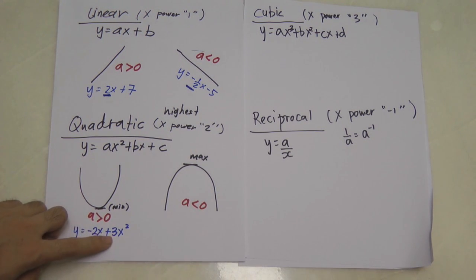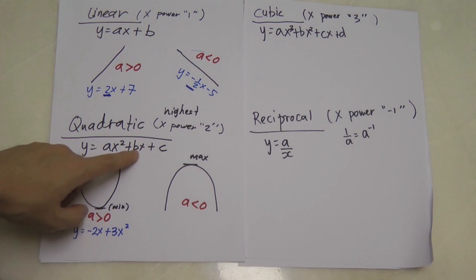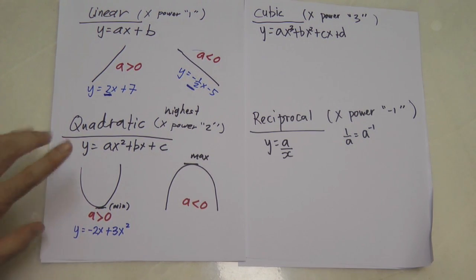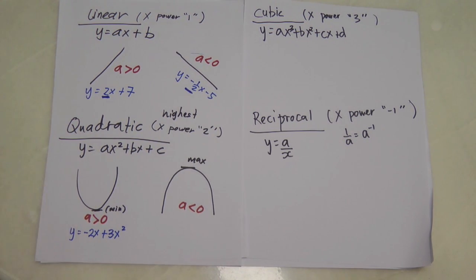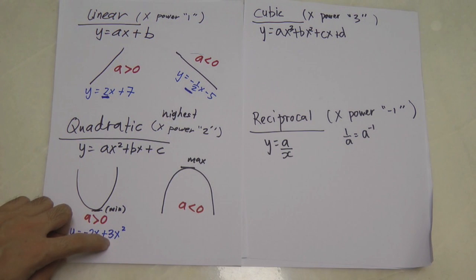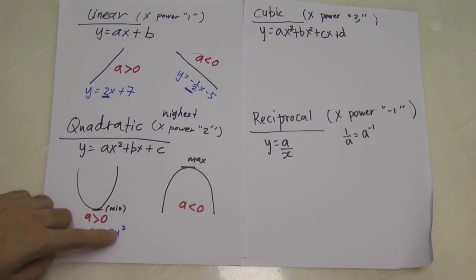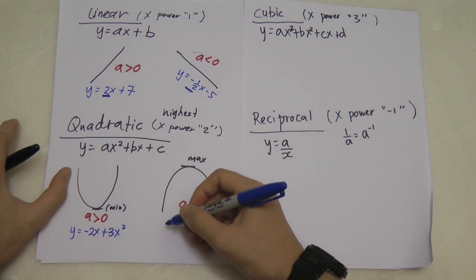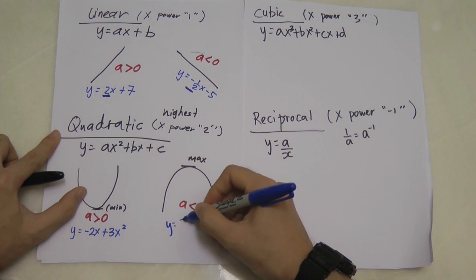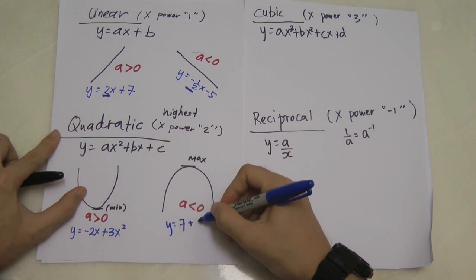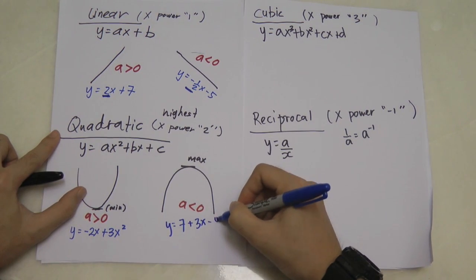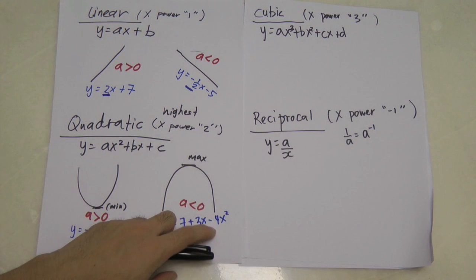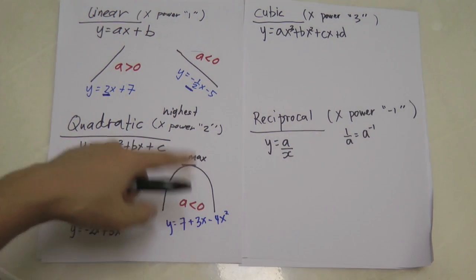This one is A. Whatever number is beside x to the power 1 is B. So even if B is negative, it doesn't affect the graph pattern, because the graph pattern is affected by A. So A is the number beside x squared, remember? Same for this one, y equals 7 plus 3x minus 4x squared. You can see A is actually negative 4, so your graph pattern will look like this.